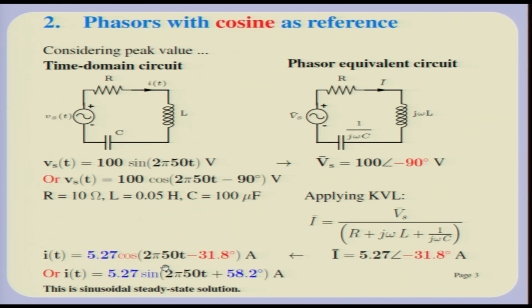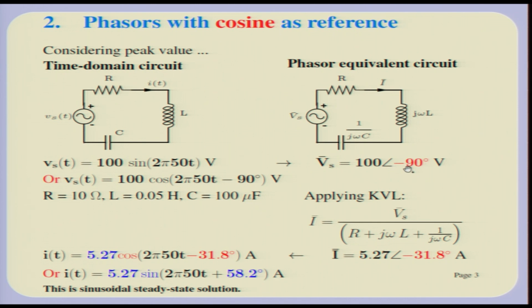Of course, for the same circuit, some people like to use cosine signals as references, in which case V of t, which is the same as before, is represented, since sin omega t lags cos omega t by 90 degrees, as a phasor Vs of 100 at minus 90 degrees.